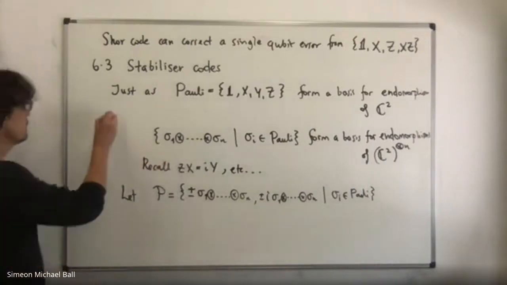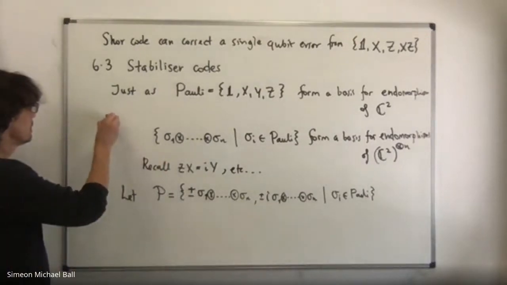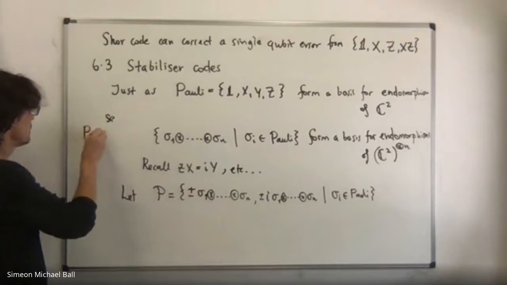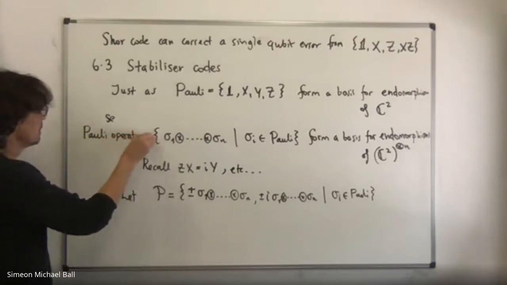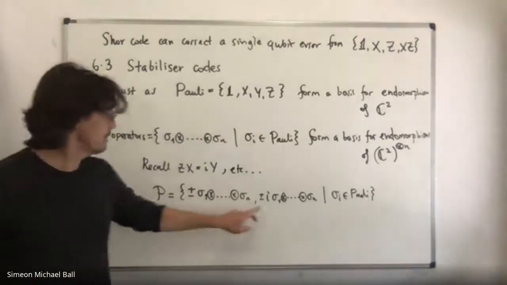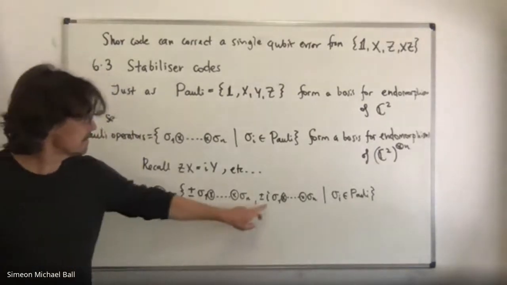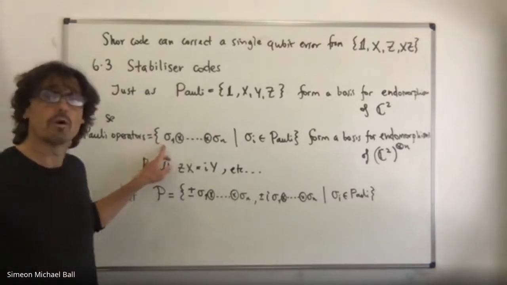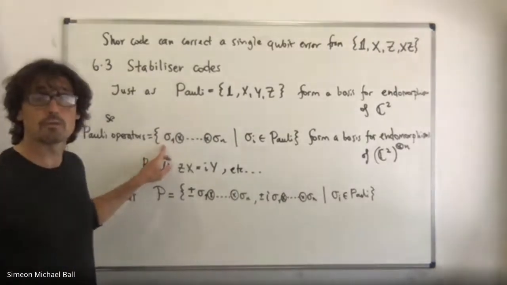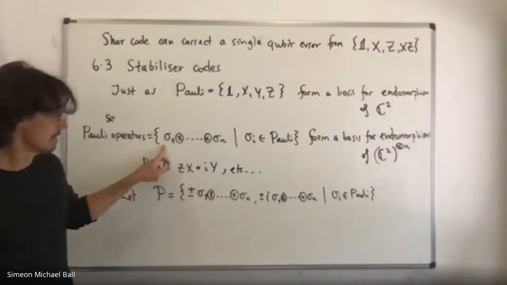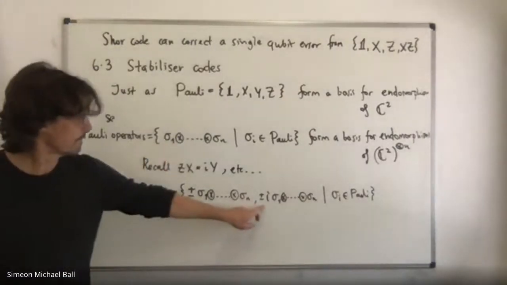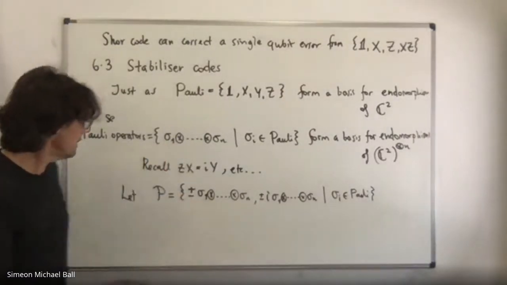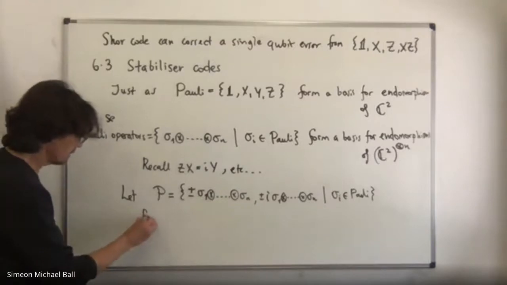So this will be the set of Paulis, but now with some coefficient in front, which is a fourth root of 1: either plus 1, minus 1, i, or minus i. And this forms a multiplicative group.